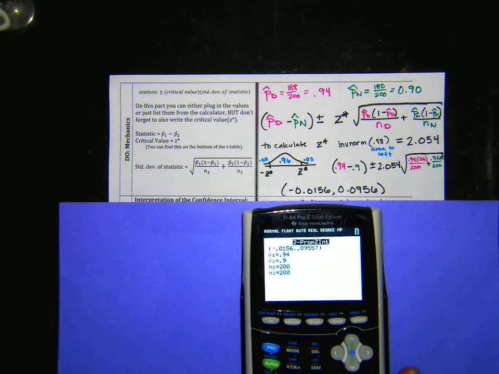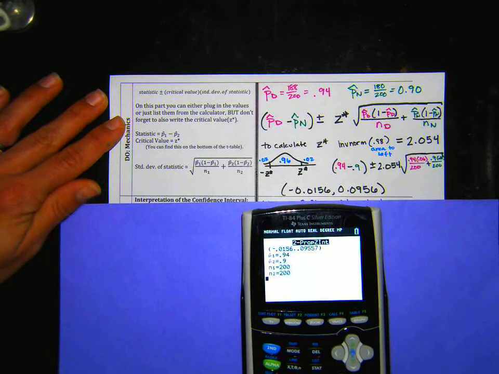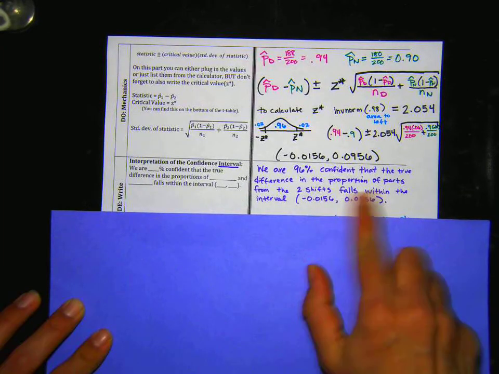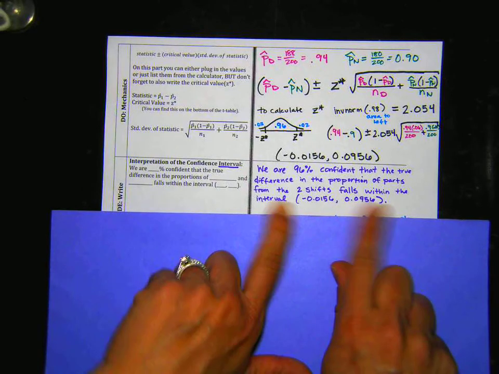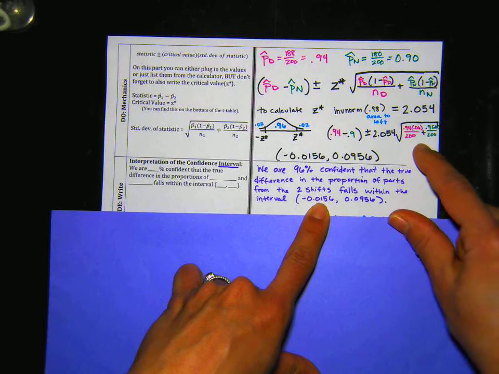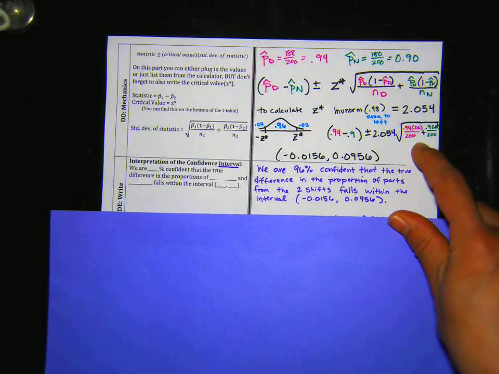Now we have to interpret this. The conclusion of our confidence interval is we are 96% confident the true difference in the proportions from the 2 shifts falls within this interval. Now this is the only part you have to write for the conclusion. But a lot of FRQs on the AP exam will extend the question by asking you to interpret the confidence level.